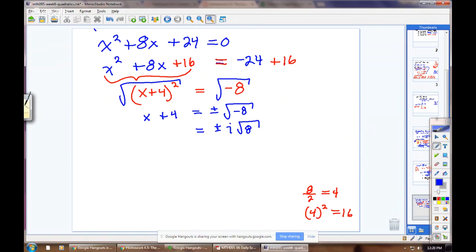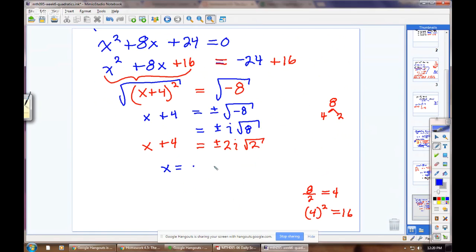And then note that 8 is 4 times 2. So I can clean that up. So I got plus or minus i. Square root of 4 is 2, I'll put that there, and this 2 is trapped inside still. On the other side is still x plus 4. So now I can subtract this 4 to the other side.